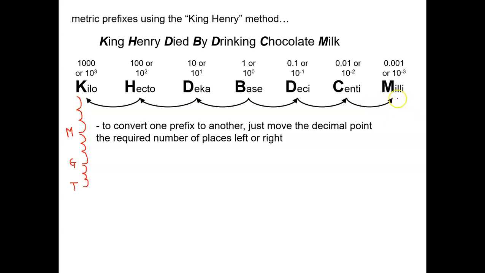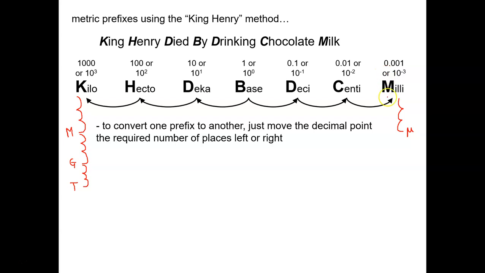We could also go smaller than milli. If you go 3 decimal places smaller than milli, you get to micro. Now, the symbol for micro looks like a U with a tail that hangs off the front. That's the Greek symbol mu, but it stands for micro.